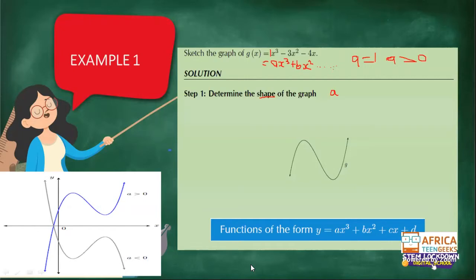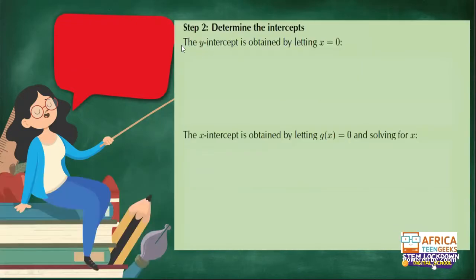So now that we have identified the shape of our graph, we can determine the intercepts. Remember, we can determine our y-intercept by saying x equals 0, and then our x-intercept by letting our function equal 0. In the first case, remember, we're still using our original equation.